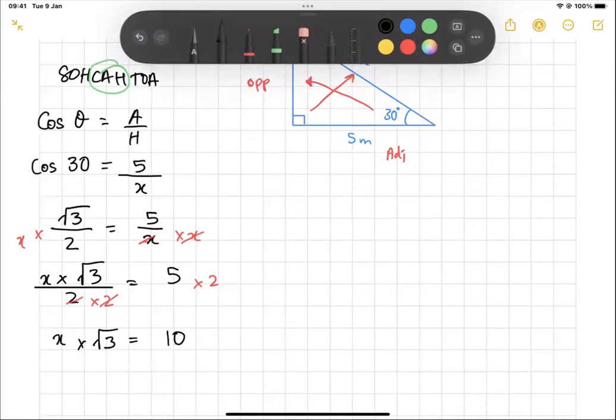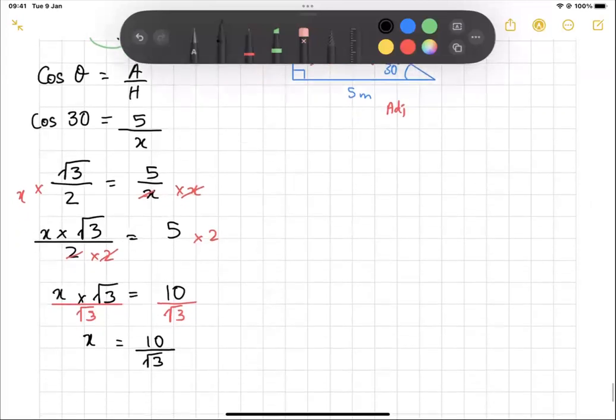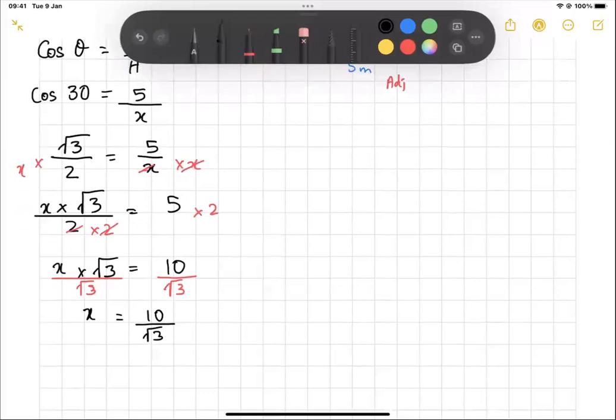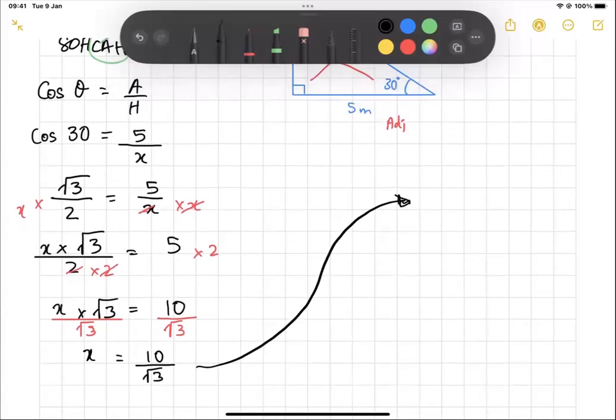Then I want x by itself, so I'm going to divide by square root 3 on both sides. Therefore x will equal 10 over square root 3. Now see how my fraction has a surd in the denominator. I want to rationalize it.